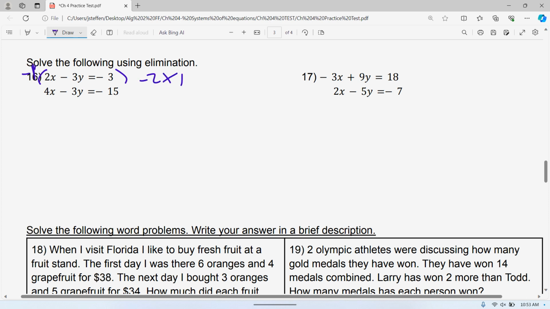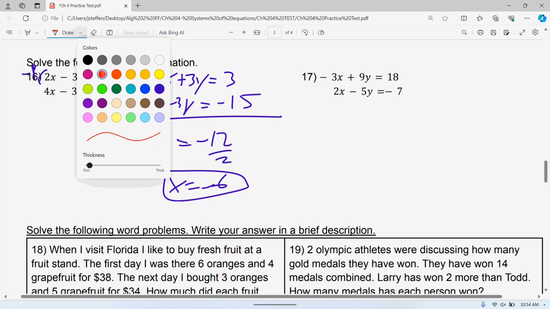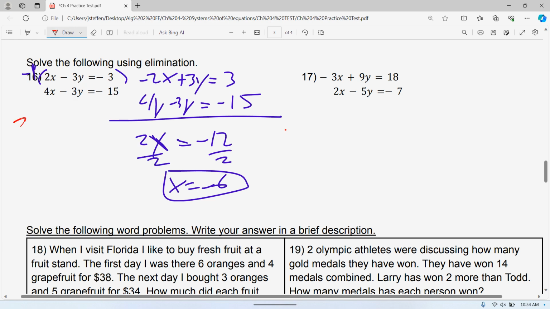So you have -2x plus 3y is equal to +3. x, 12. This part's a little bit harder with elimination. But plug it back in and solve, doesn't matter which equation you use.